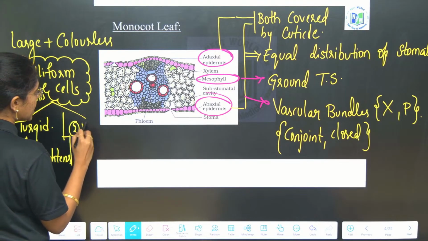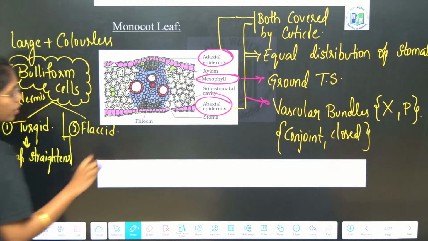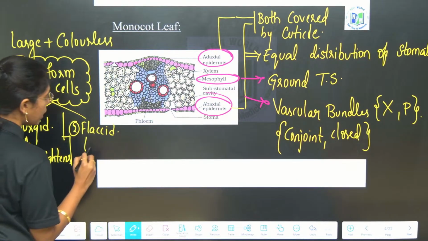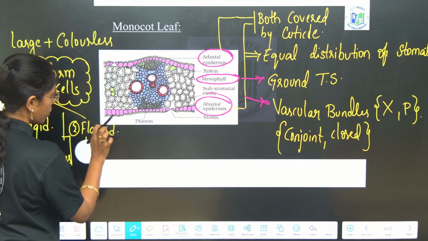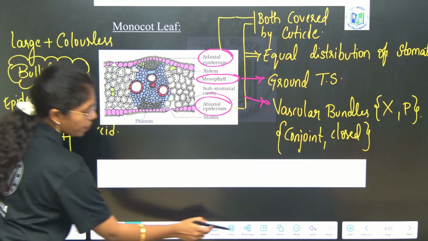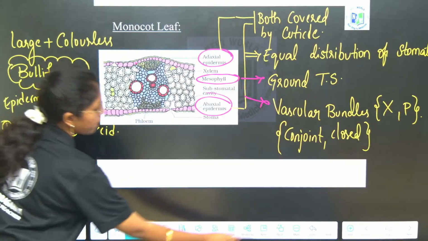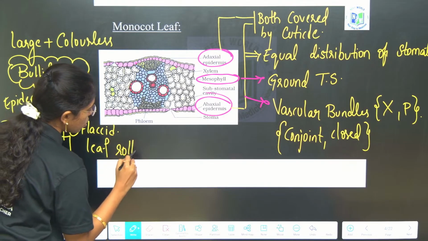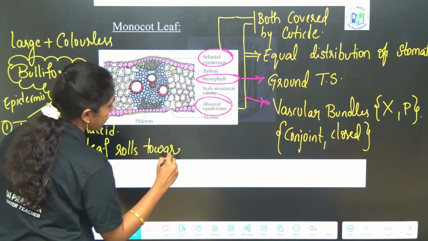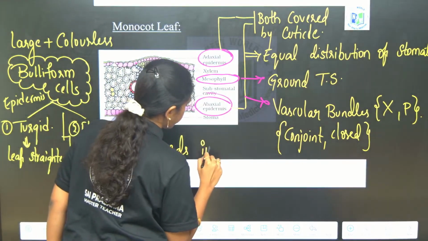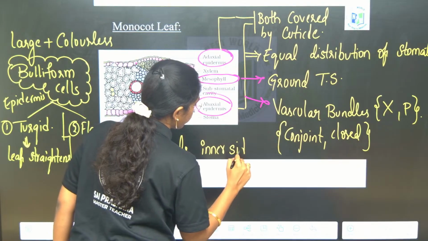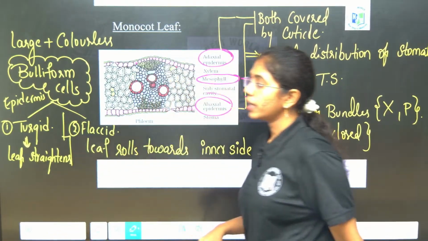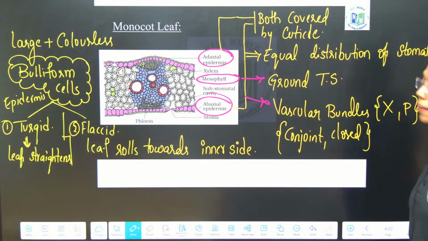When the cell is in flaccid condition, in water loss condition, at that time the leaf rolls towards inner side. Clear? Any doubt anywhere? Simple, right? Simple anatomy when compared to dicot leaf.